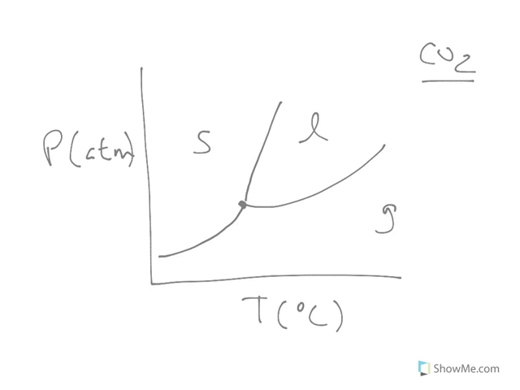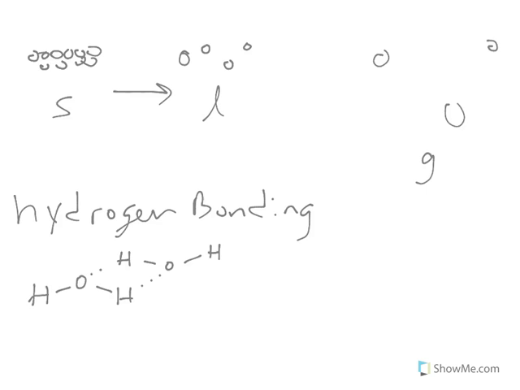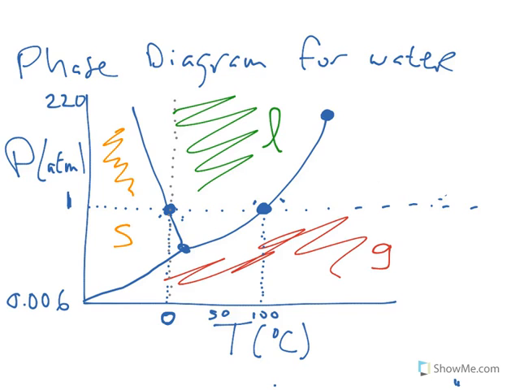And I'm not going to label the points because honestly I don't know them off the top of my head, but the important part is this solid liquid interface is a positive slope pointing towards quadrant 1, because as you increase the pressure, you favor what phase? Solid. So that kind of is just pointing out that oddity in water.